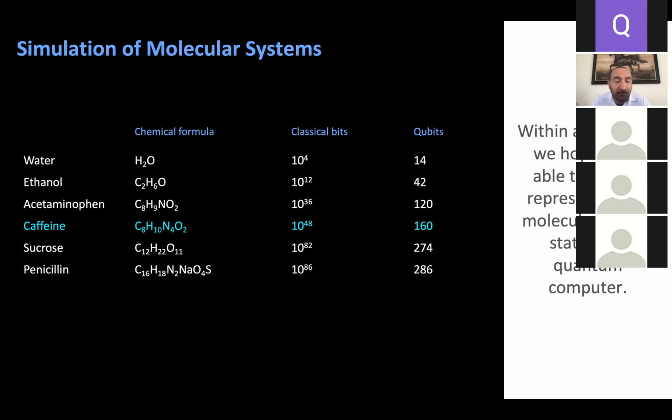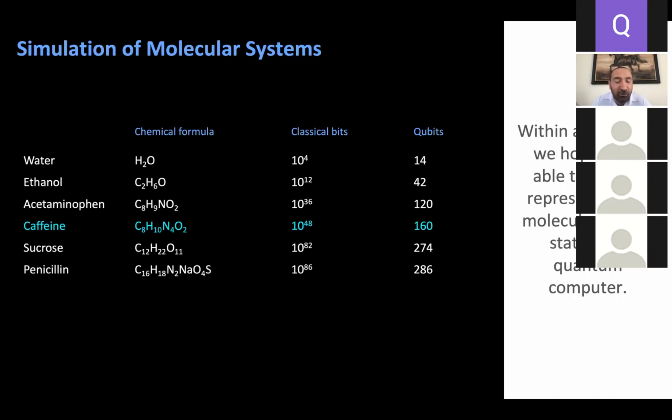Just to give you an idea, the number of atoms on the planet Earth, on our planet, is 10 to the power of 49. So there is never going to be a classical computer with such a strong computational power, corresponding to 1/10 of the atoms of the planet.